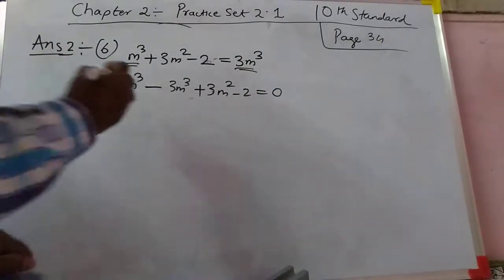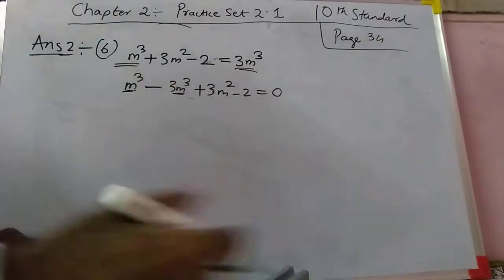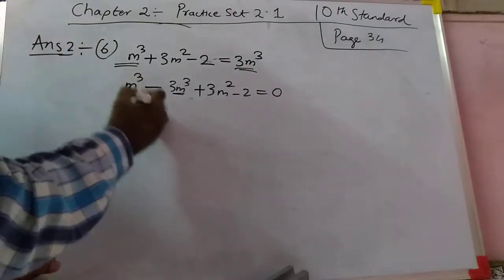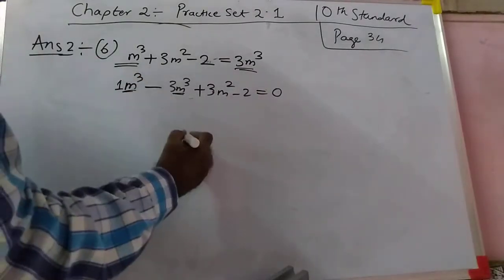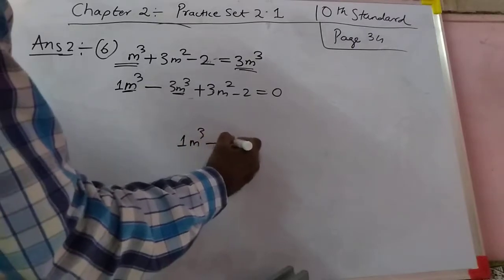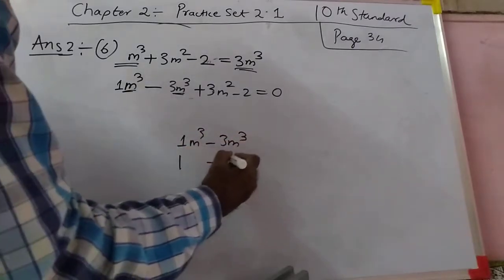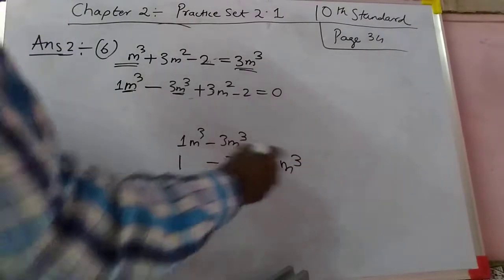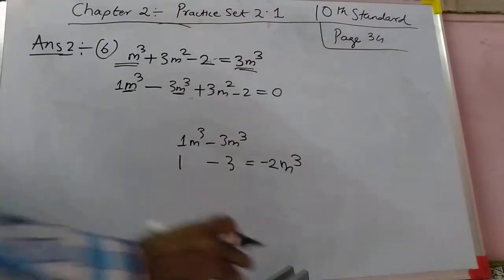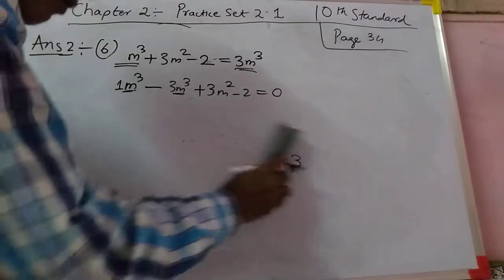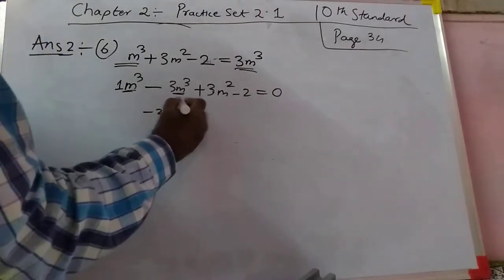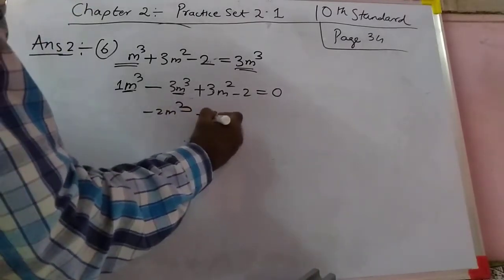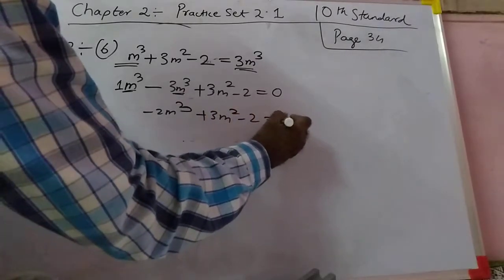Now this is m cube, means we can subtract it, we can take it as 1 here. So it will become 1m cube minus 3m cube, so it will become 1 minus 3, that is equal to minus 2, put it this m cube there, so it is minus 2m cube. So minus 2m cube plus 3m square minus 2 is equal to 0.